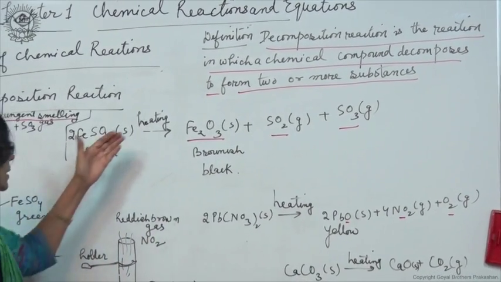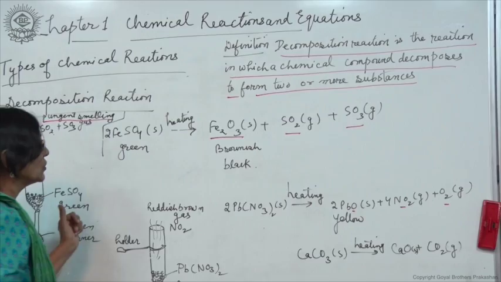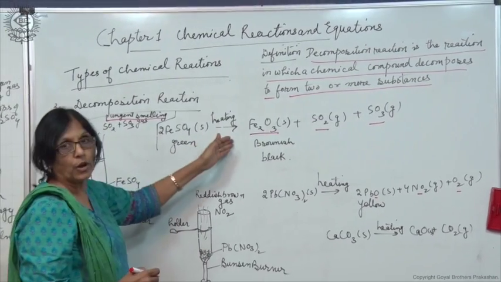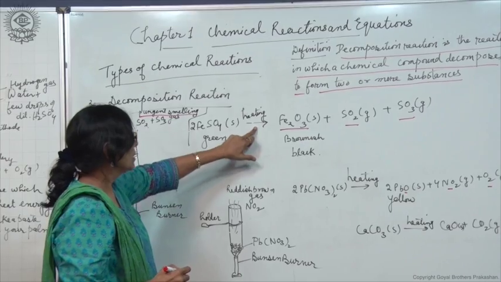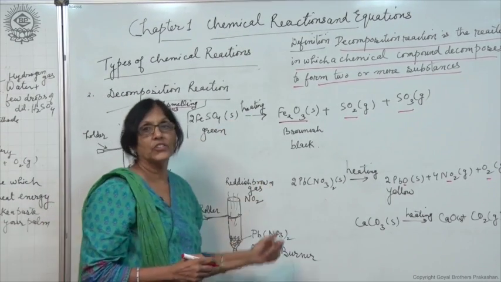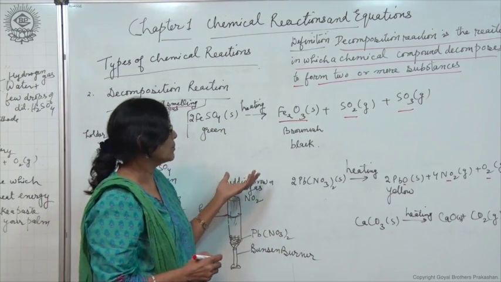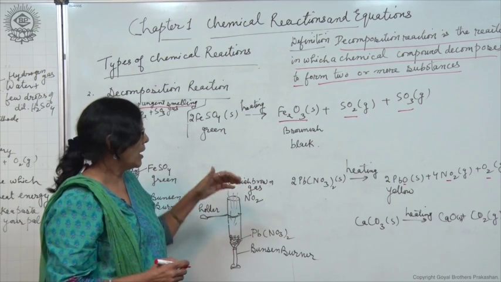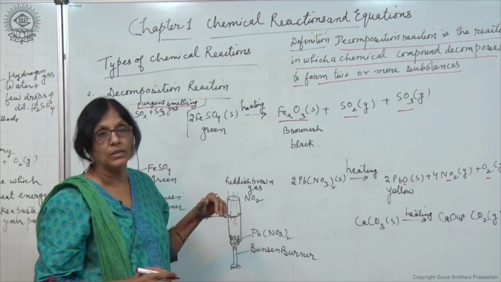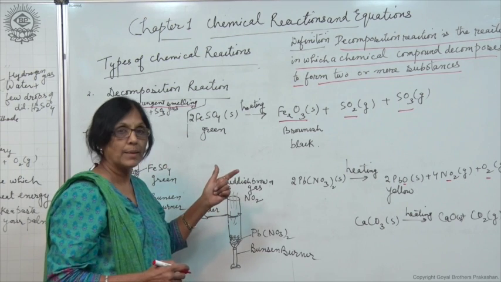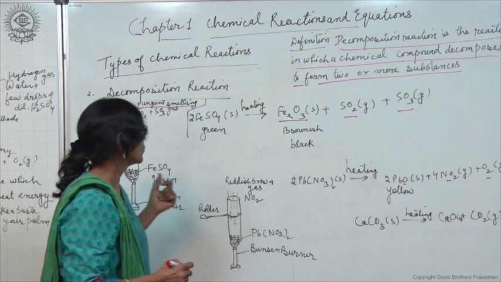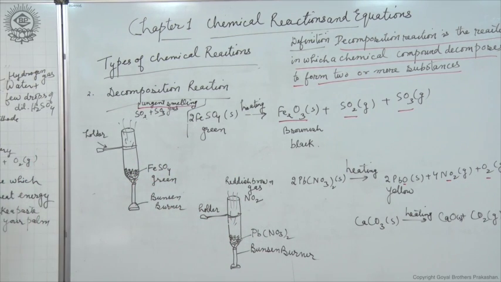Now, you have seen that in all these decomposition reactions, energy is absorbed in the form of heat. On heating, all these 3 reactions occurred. Energy is absorbed in all these reactions, and all these reactions are also called endothermic reactions because energy is absorbed in the form of heat.